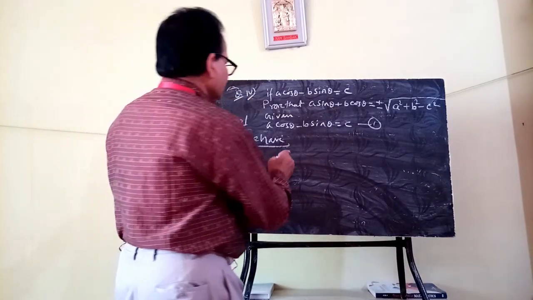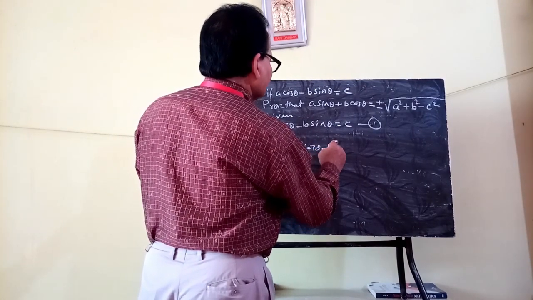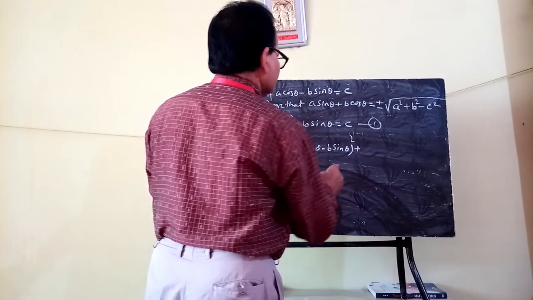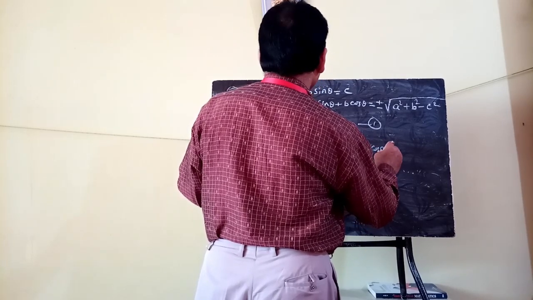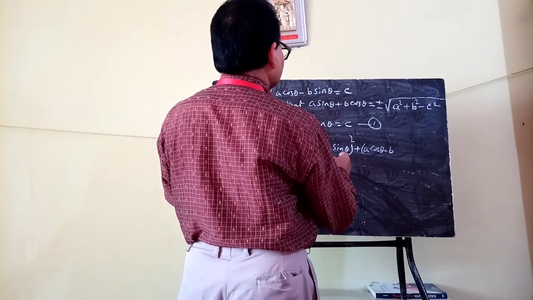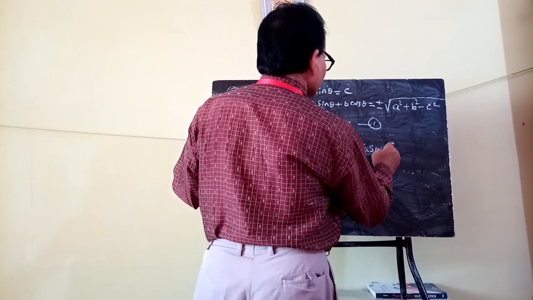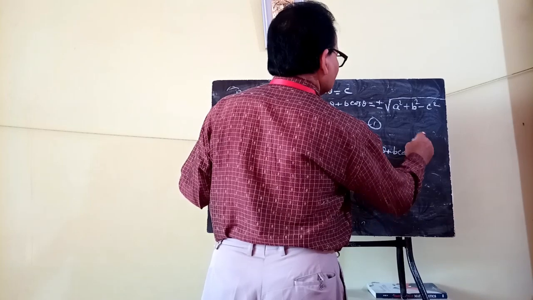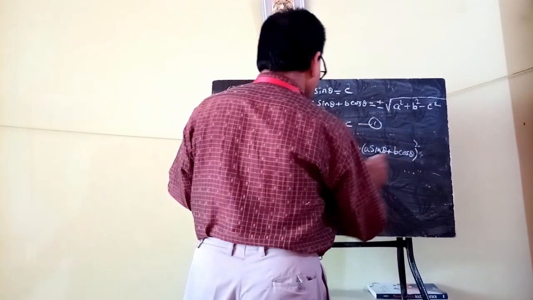So we have A cos theta minus B sin theta whole square plus A sin theta plus B cos theta whole square equal, what does this equal?